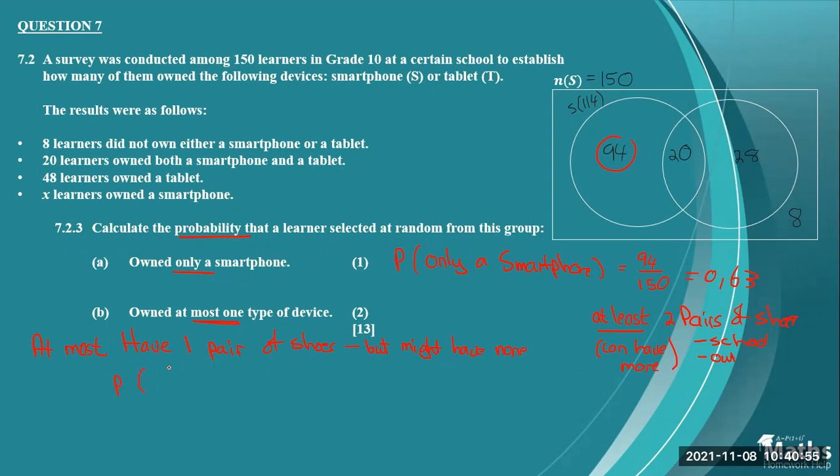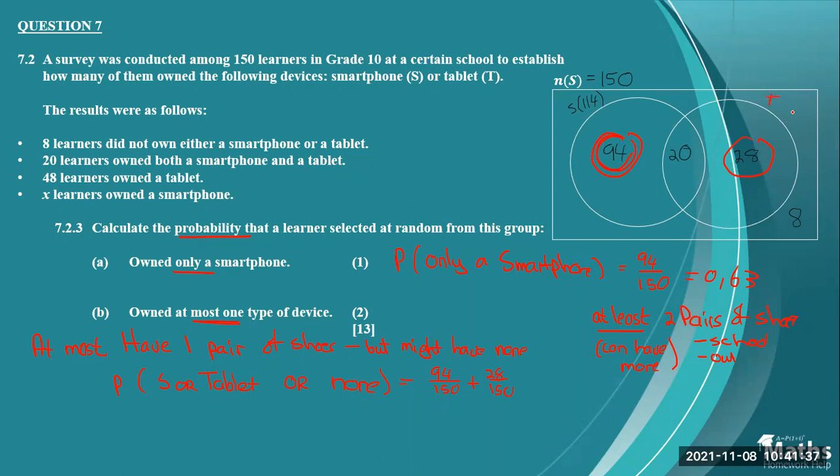The probability of a smartphone or a tablet. They can maybe at the most have one of them, or they might have none. So it could be the 94. It's probability, so we add it over the total. Or it could be the 28. They might have the chance of only having one, so maybe only a smartphone, or maybe only a tablet.